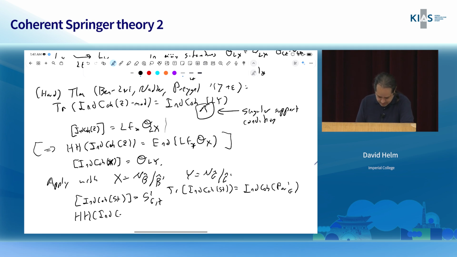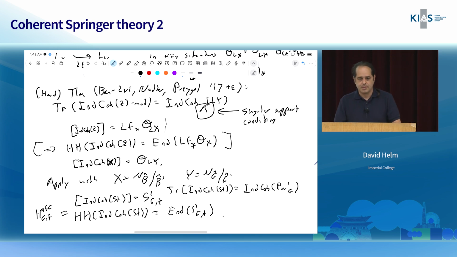And so this tells us that HH of INDCO of Steinberg is End of S1 GT. But we'd already seen that this was isomorphic to the affine Hecke algebra HF GT, so we've won.